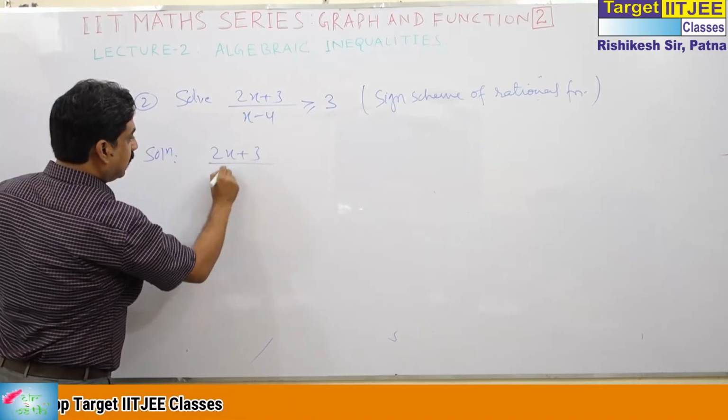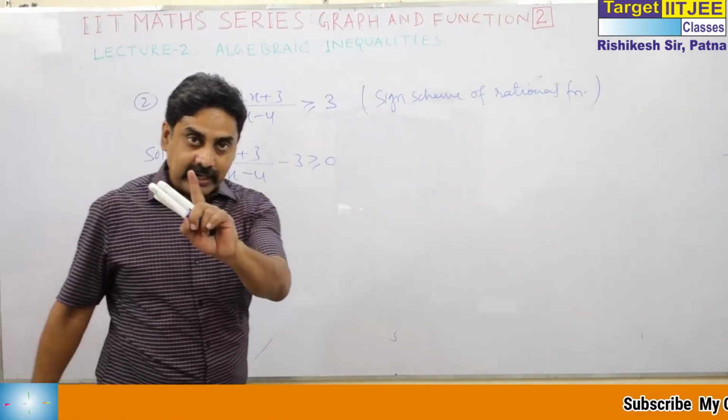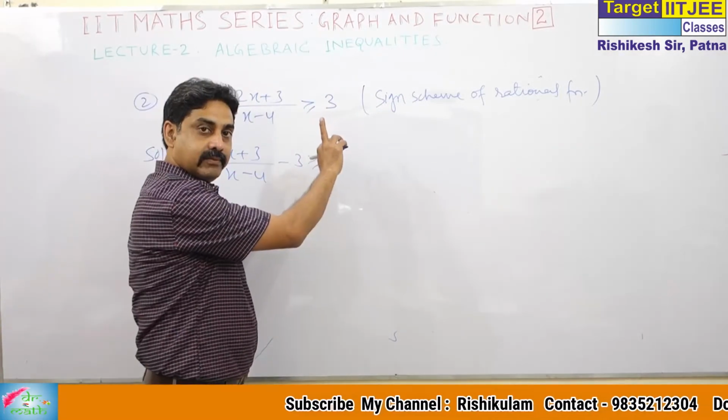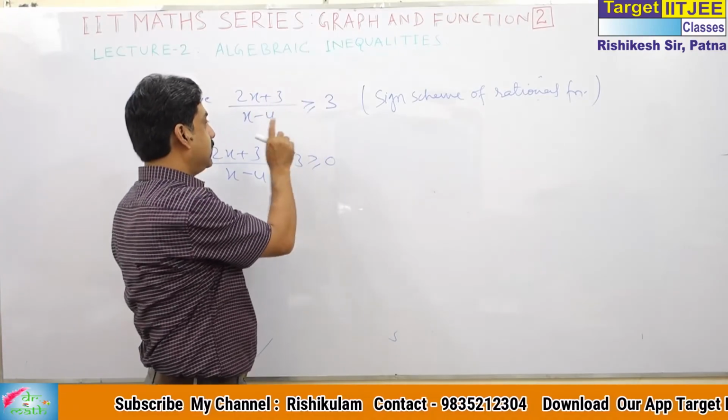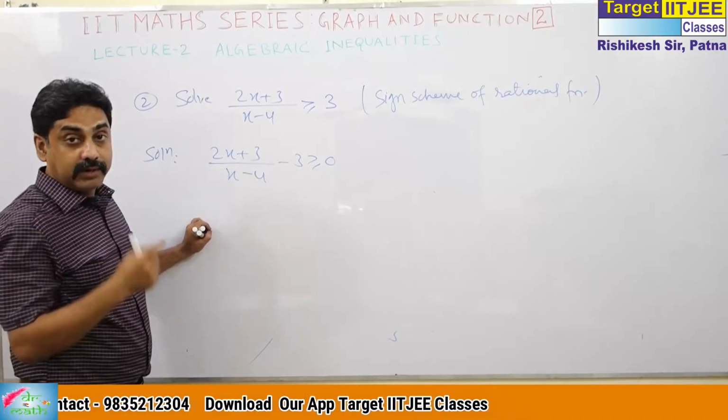Actually, (2x plus 3)/(x minus 4) minus 3 is greater than or equal to 0. With property 1 of inequality, from where I started the class, we can add or subtract and the inequality doesn't change. We cannot multiply because we do not know whether x minus 4 is negative or positive.